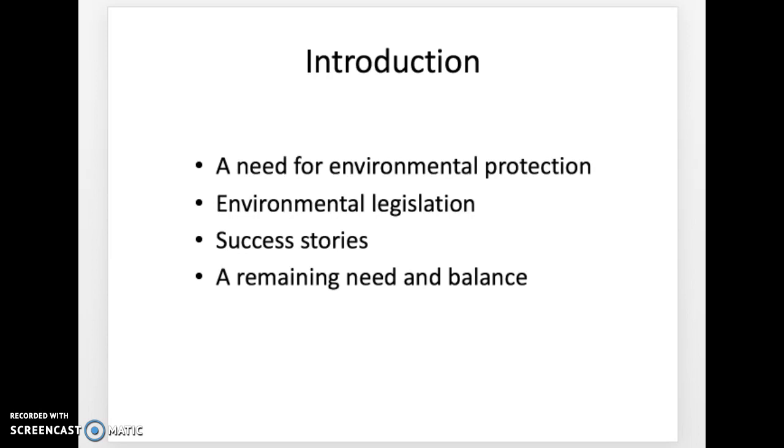Sometimes environmental courses like this can be a little bit depressing because everything seems to be in peril. But there are a lot of success stories where our efforts, particularly environmental statutes, environmental law, which is what this class is all about, the laws that protect public health and natural resources, have worked. There's also a remaining need for balance, and we'll talk about that too in this lecture.